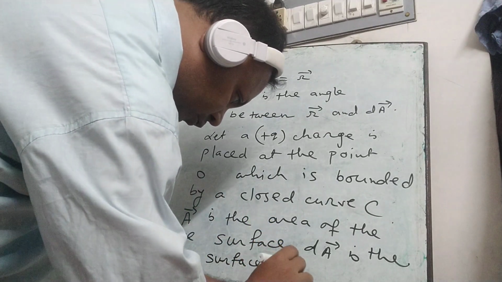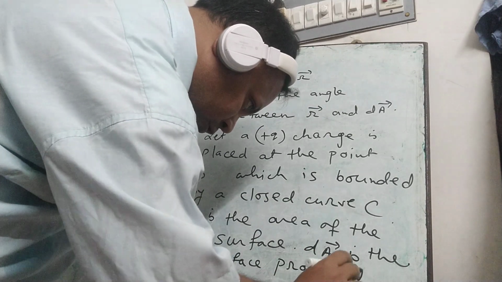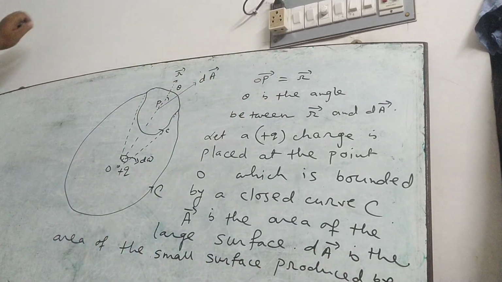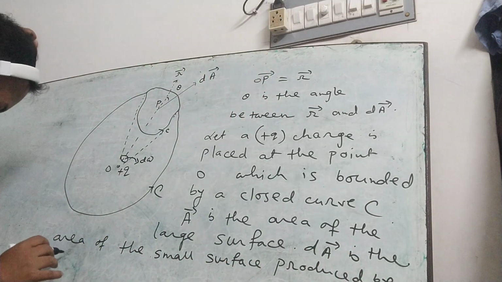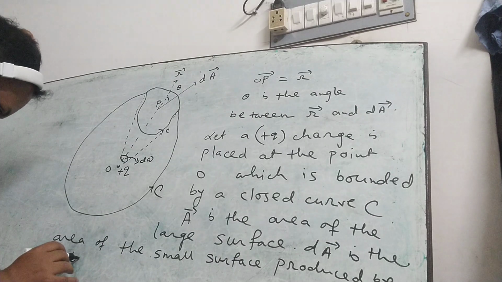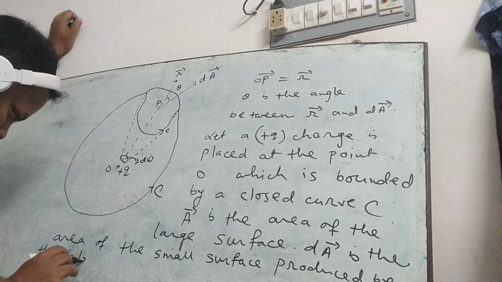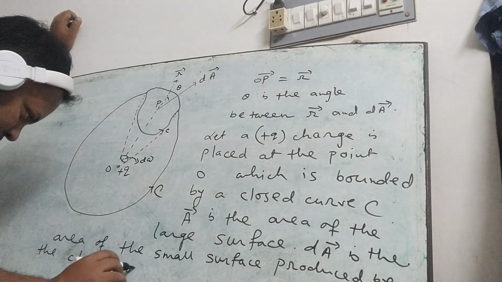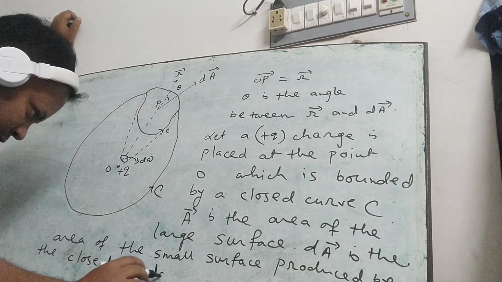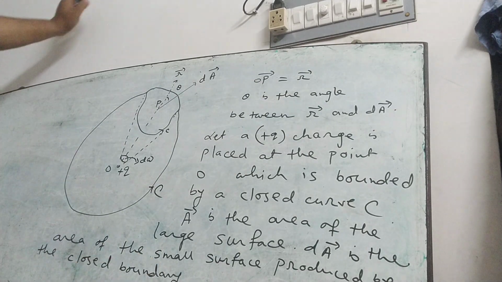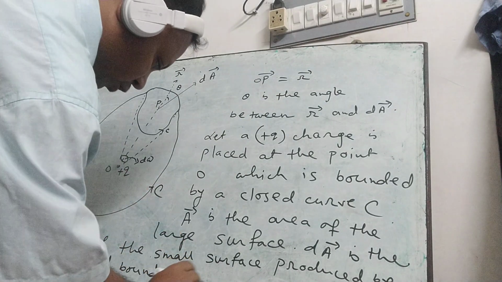produced by the closed boundary small c.